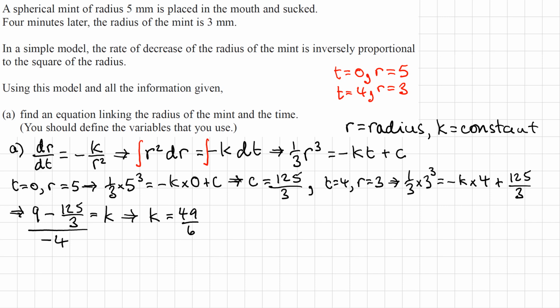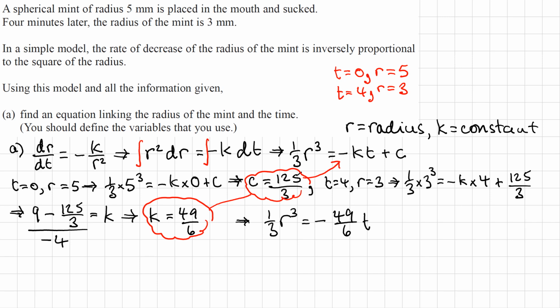So I have my value of c, I have my value of k. They can both be put into this equation here. So what I'll have is 1/3 r cubed is equal to negative k, so that's negative 49 over 6 t, plus c, which is 125 over 3.